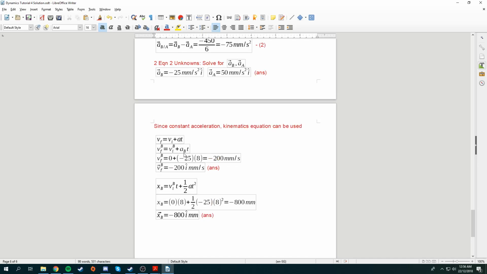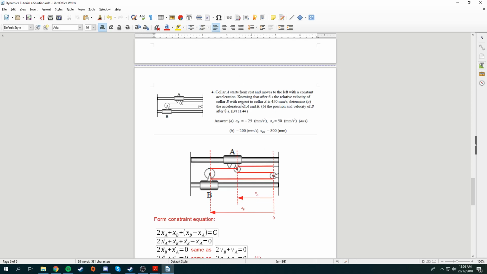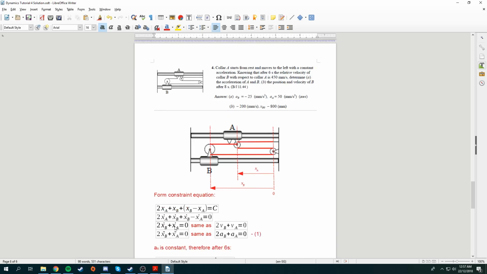The acceleration has been calculated beforehand, which is over here, and the time is given, they said after 8 seconds, so I put 8 seconds here. Vi is 0 because they said that they start from rest. So when collar A starts from rest, that means velocity of A in the beginning is 0. That means velocity of B is also 0 because they are related over here.